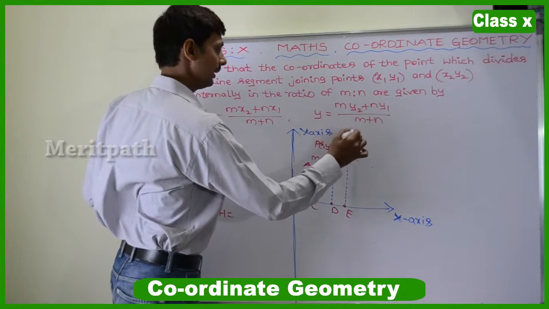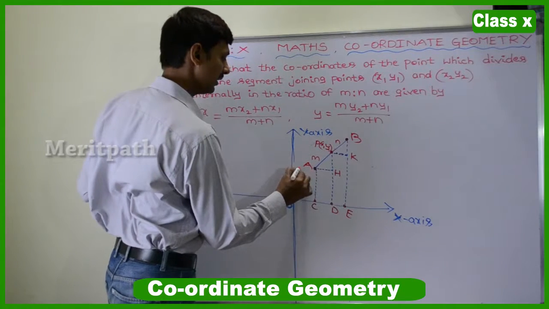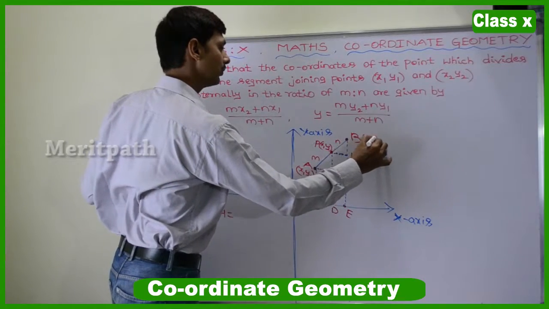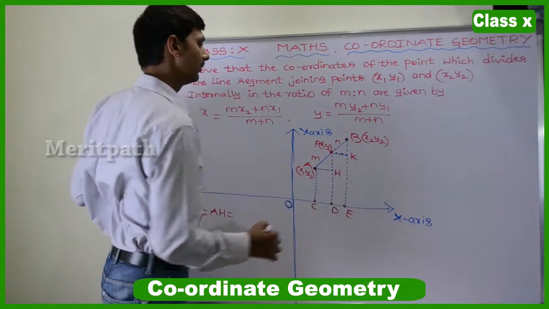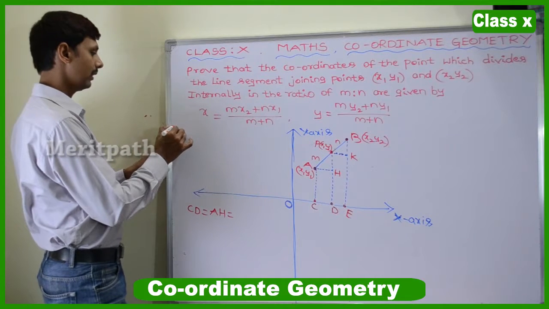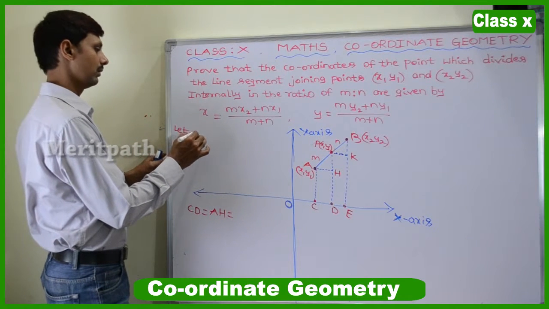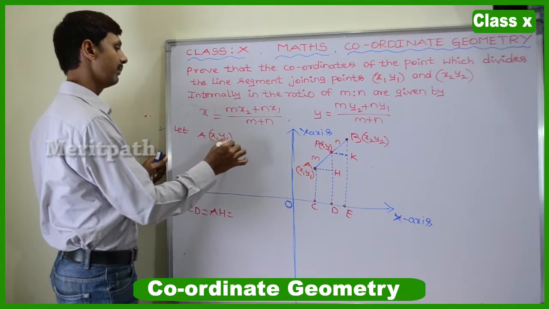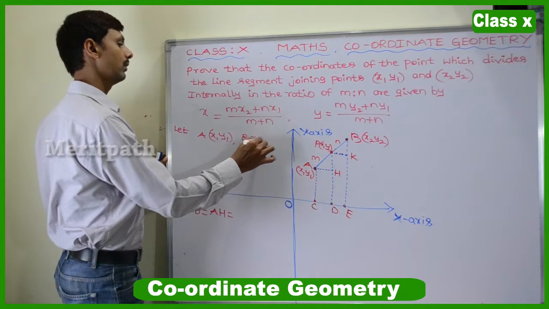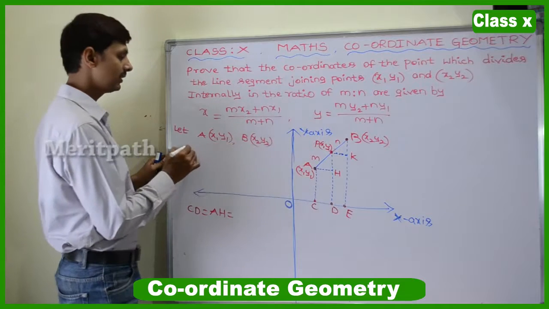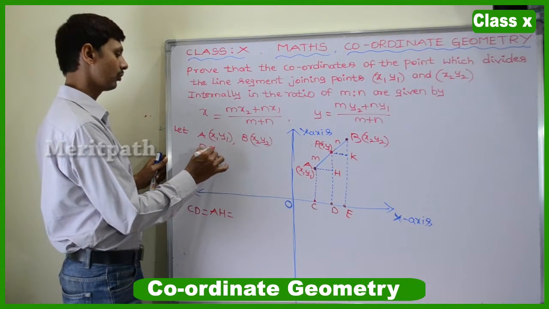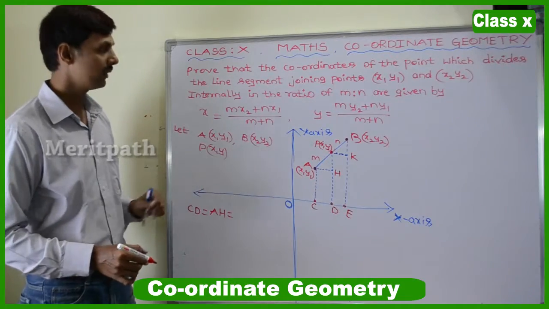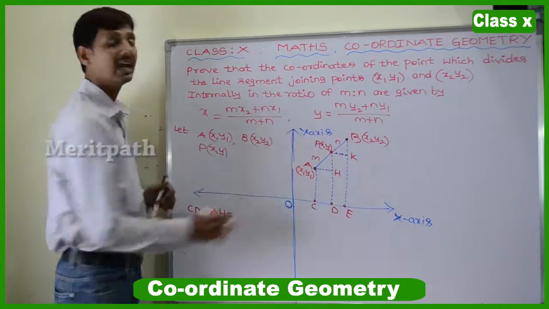Let A be x1, y1 and B be x2, y2 are the two points, and P, which is x comma y, divides AB in the ratio of m is to n.